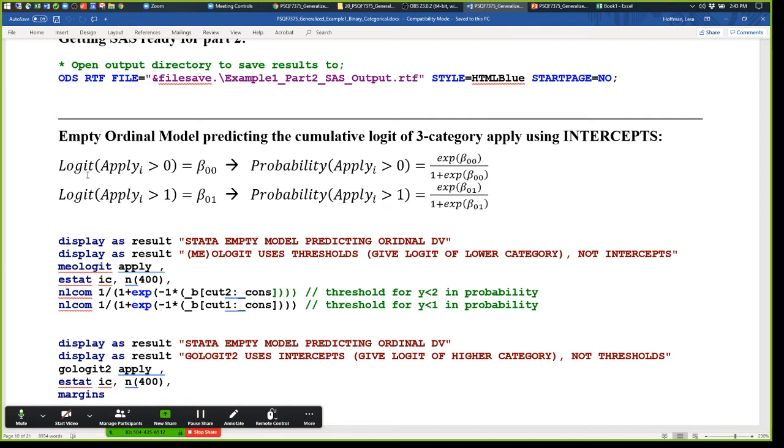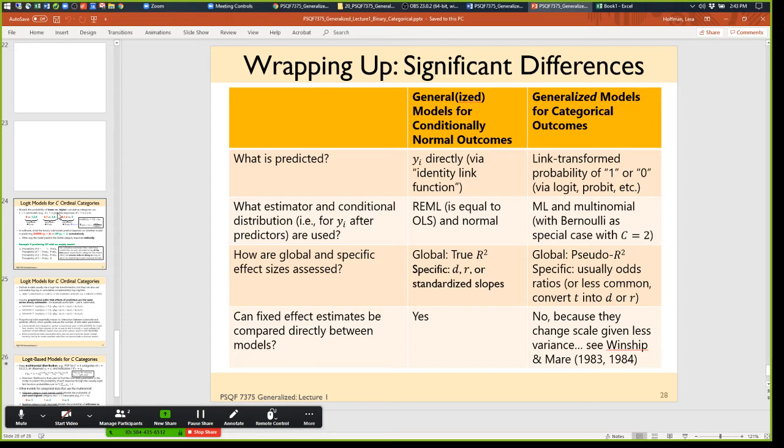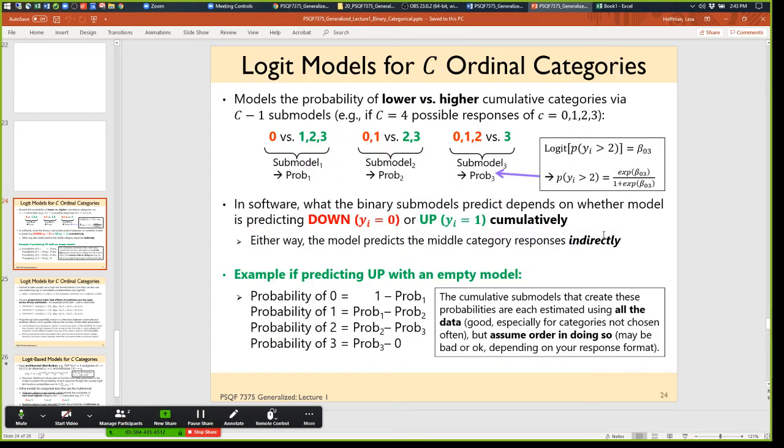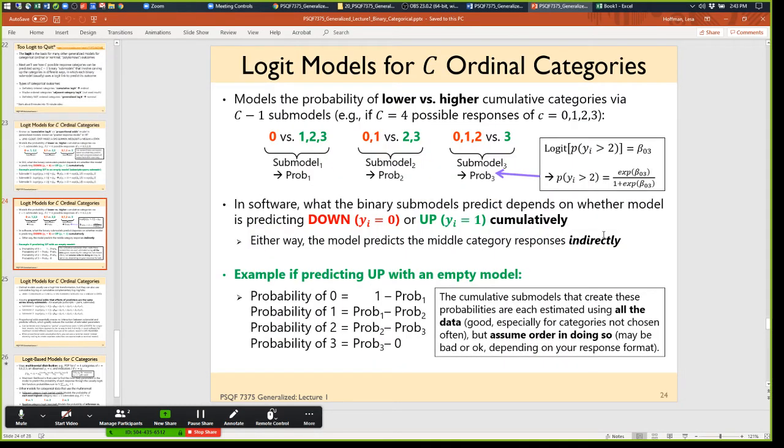To see if it's giving you thresholds or intercepts. What's the difference? A -1, yes, but conceptually, it's whether the model is phrased in terms of predicting the red or predicting the green.